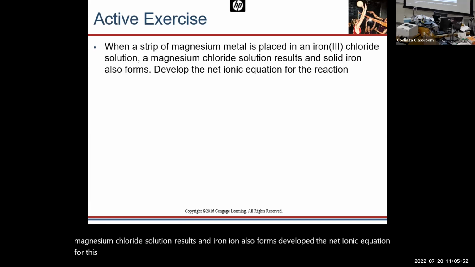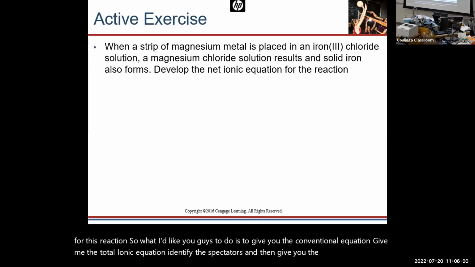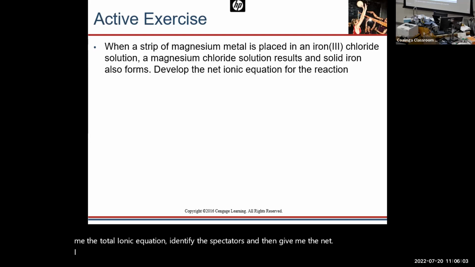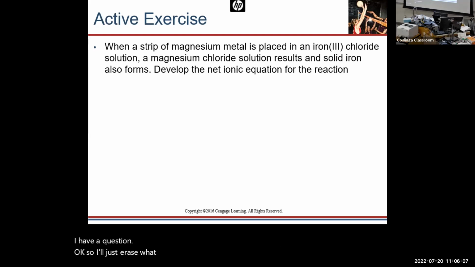So what I'd like you guys to do is give me the conventional equation, give me the total ionic equation, identify the spectators, and then give me the net ionic equation. Okay, I'll just erase what I have up there. I want the conventional. I want the total. And I want the net.